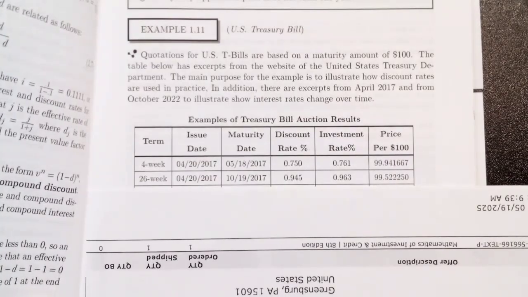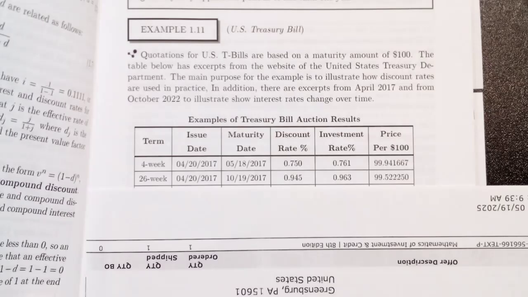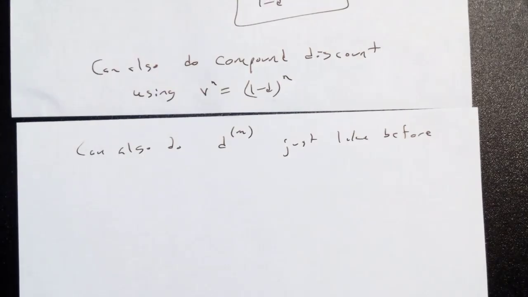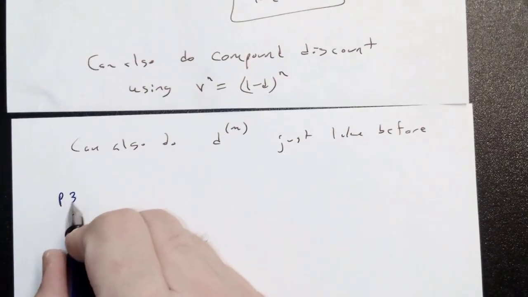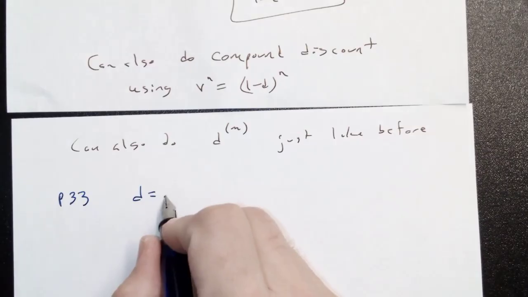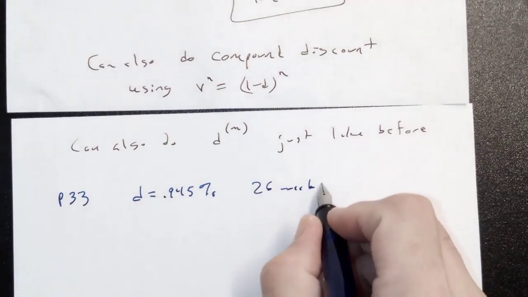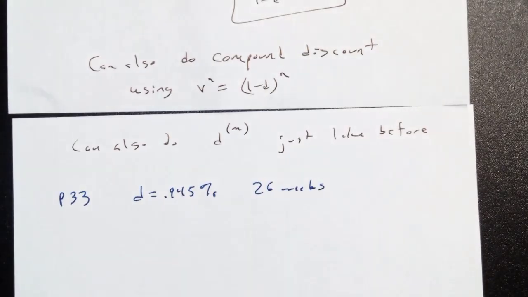So why is that investment rate 0.963? That's the information I really need, right?